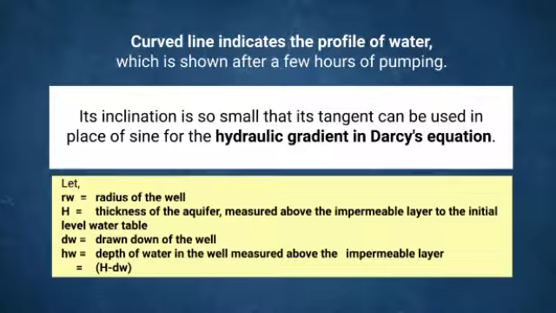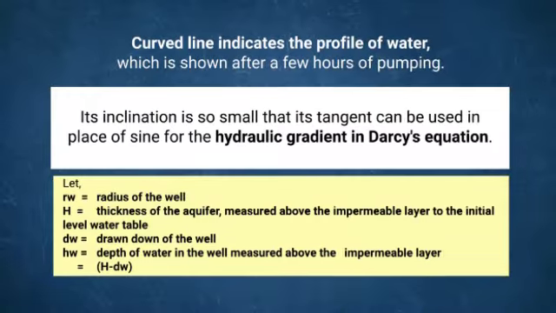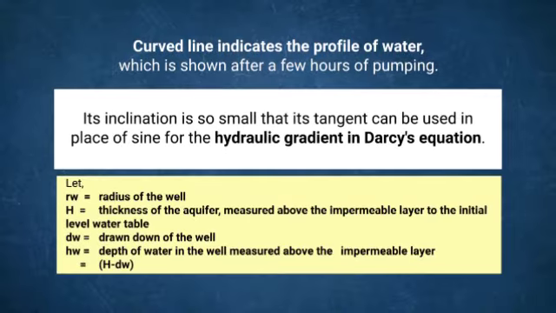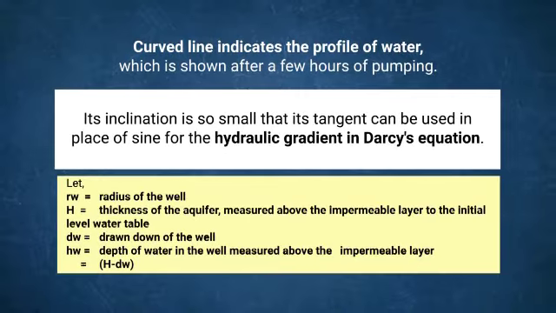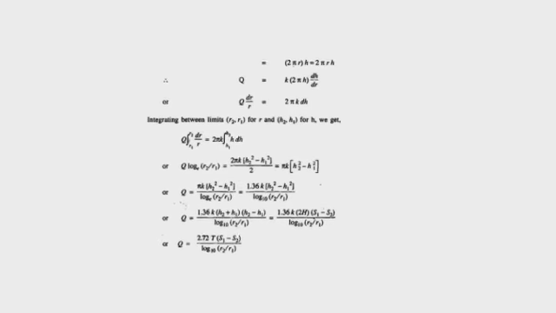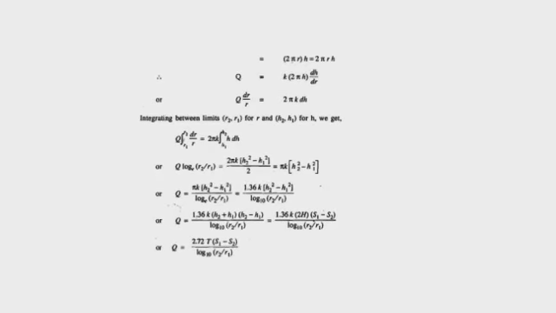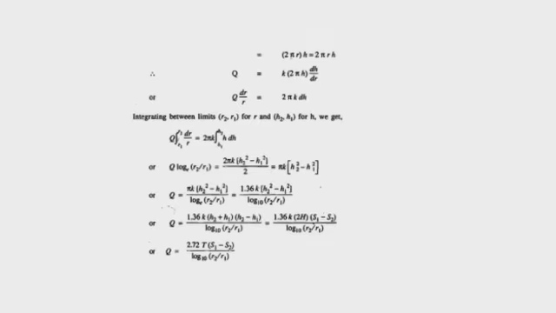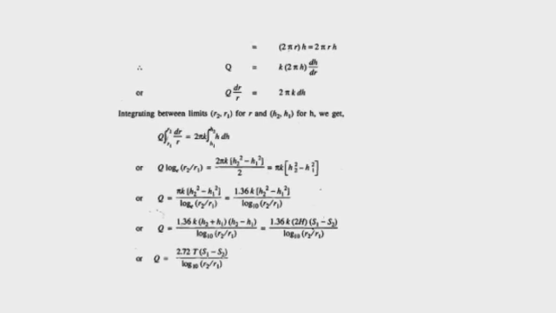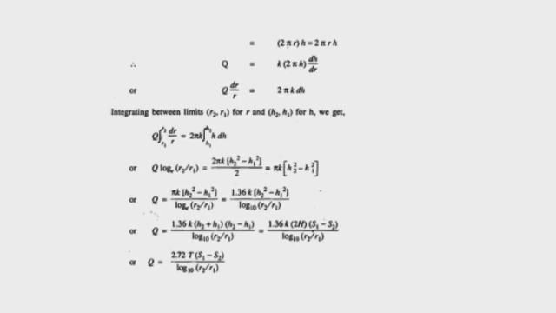Small h_w is equal to the depth of water in the well measured above the impermeable layer. This is equal to capital H minus small d_w. Considering the origin of coordinates at a point O, which is the center of the well at its bottom, the coordinates of any point P on the drawdown curve are r, h.